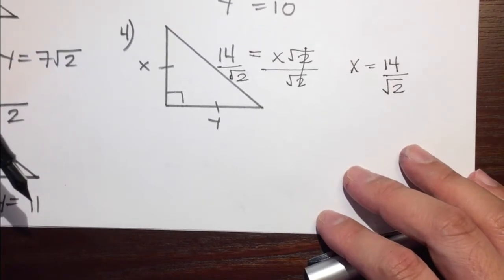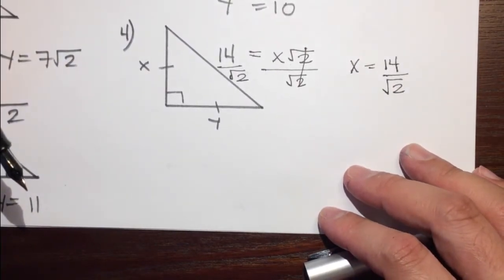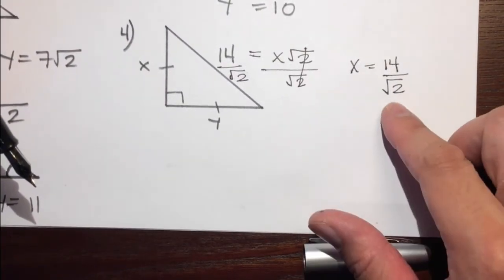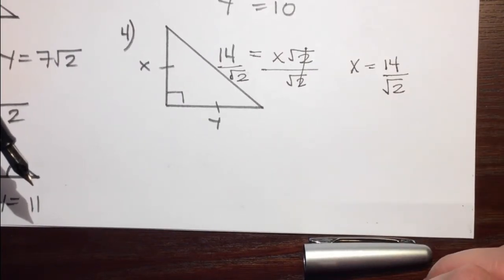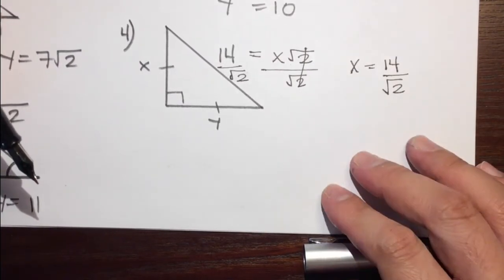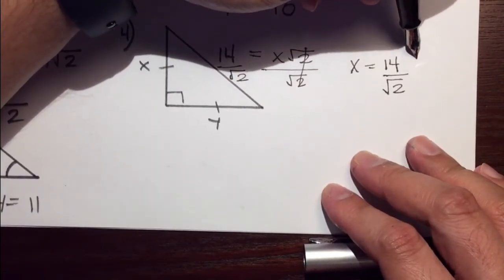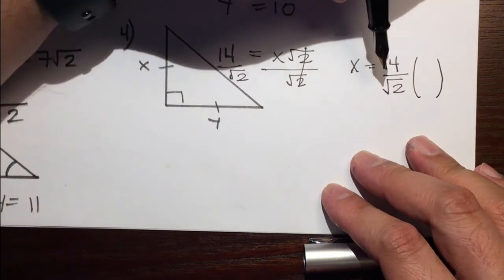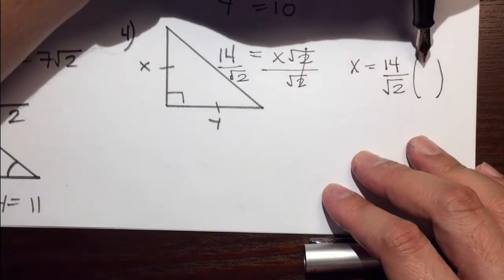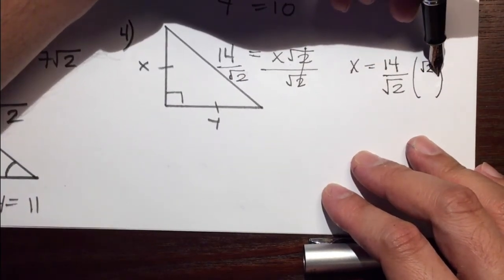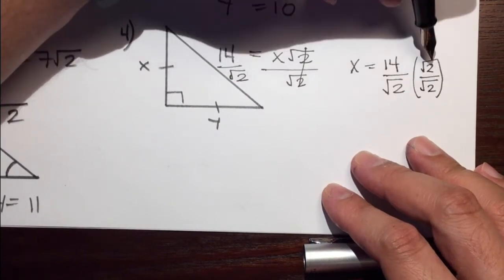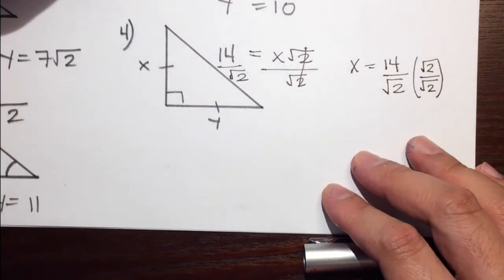Now, if you remember, one of the rules of math is you can't have a radical or a square root in the denominator, the bottom part of the fraction. So we want to get rid of this. The way to get rid of this is we're going to multiply by 1, but a weird looking one. We're going to multiply it by radical 2 over radical 2, because you're dividing it by the same thing.